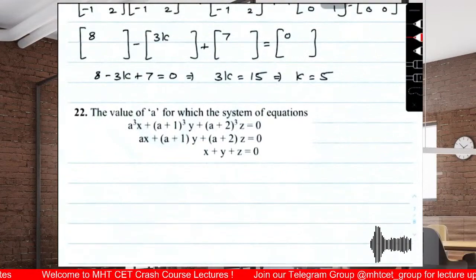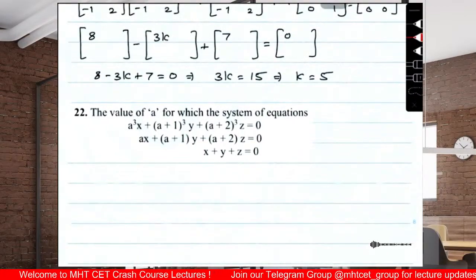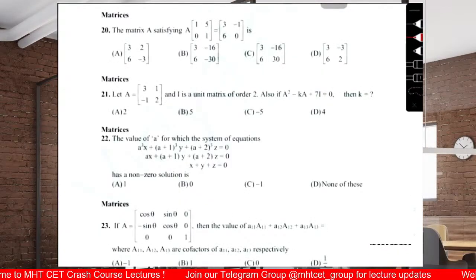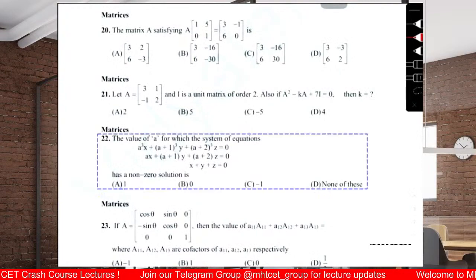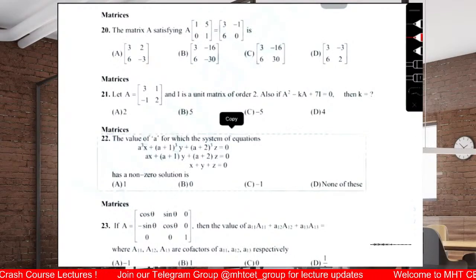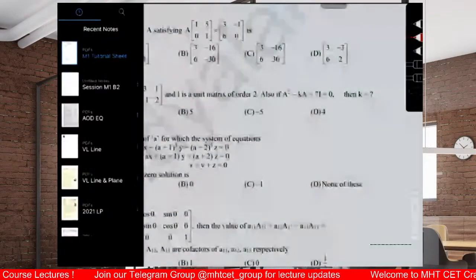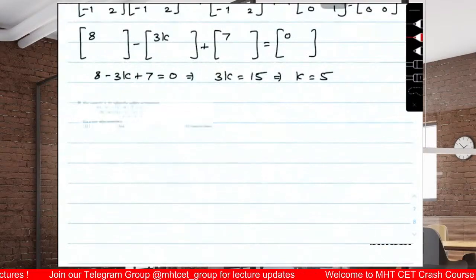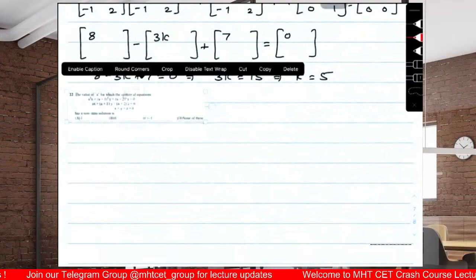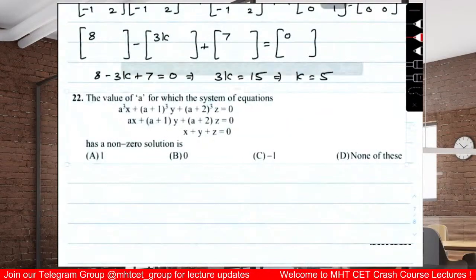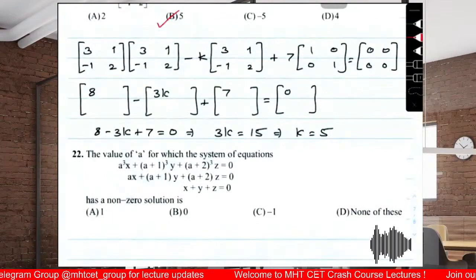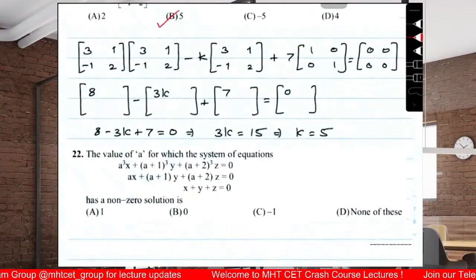The value of a for which the system of equations has non-zero solution. Options copy नहीं किया मैंने.